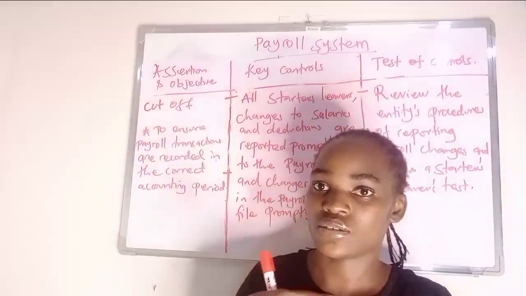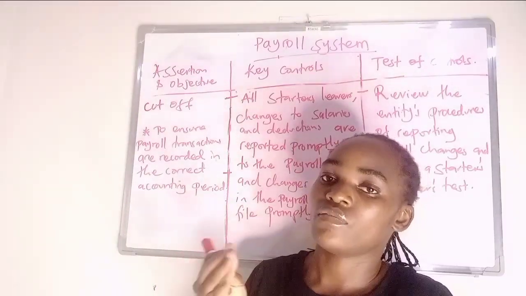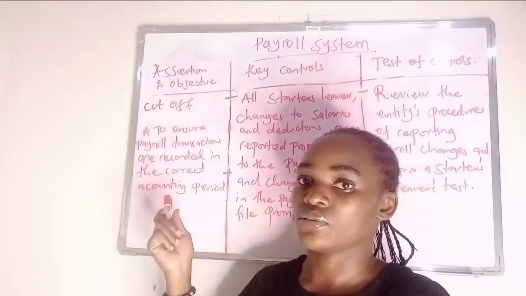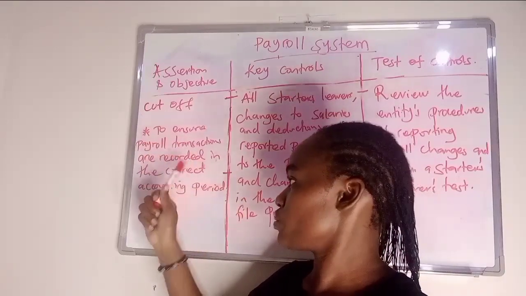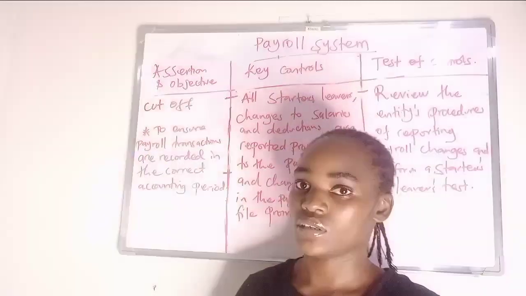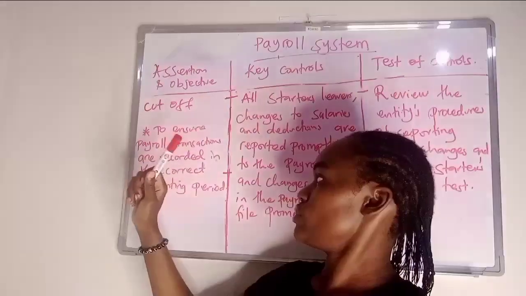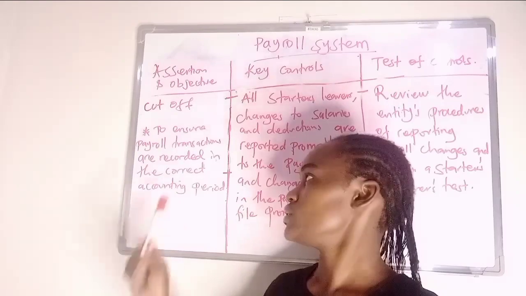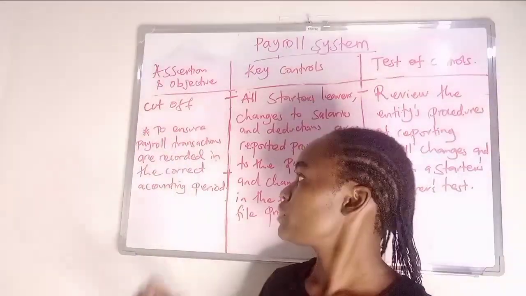In case they ask you to explain the objective of the cutoff assertion in the payroll system, it is to ensure that payroll transactions are recorded in the correct accounting period. In case they say purchases system, to ensure purchase transactions are recorded in the correct accounting period. Just keep changing this, the rest is the same.